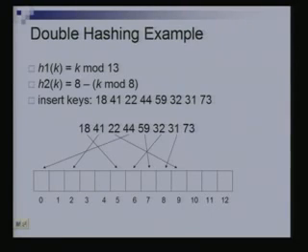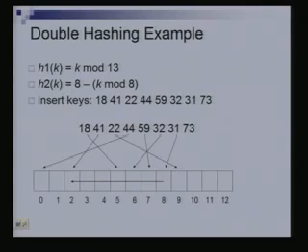73 mod 13 is 8. So it will try to go to 8. That's occupied. So we compute h2 of 73. 73 mod 8 is 1. So h2 of 73 is 7. So we will go to 8 plus 7, 15. 15 is 2 mod 13. So we go to location 2.